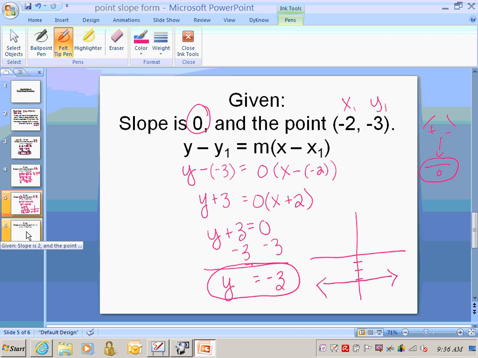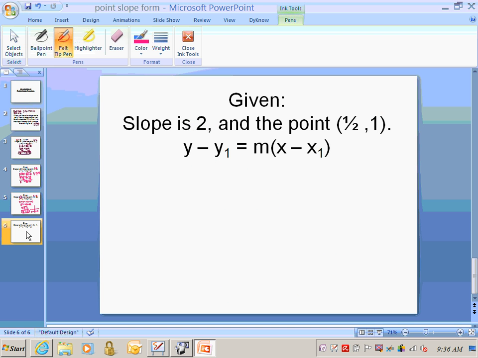Okay, and for the fourth one, I want you to copy this down and try and work it out on your own, and then we're going to go over it. Okay, so let's fill this in. What should I have? Y minus 1 equals 2 times x minus 1/2.